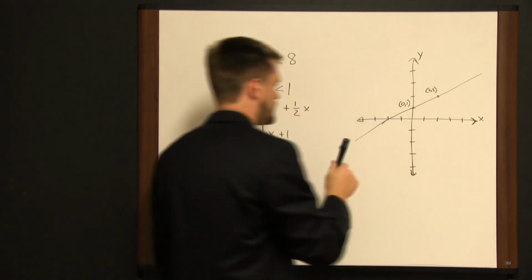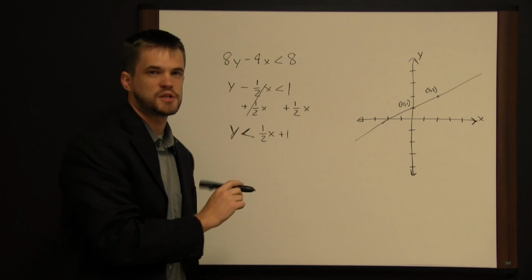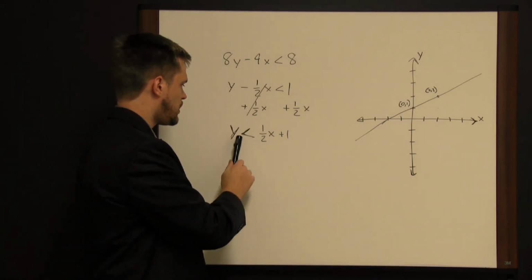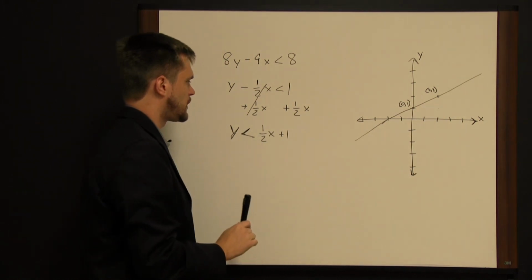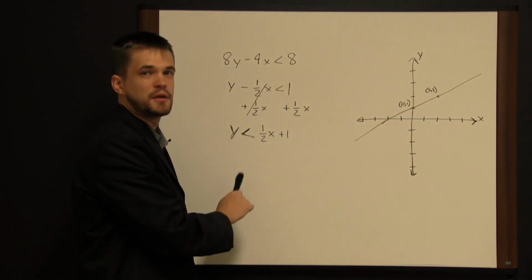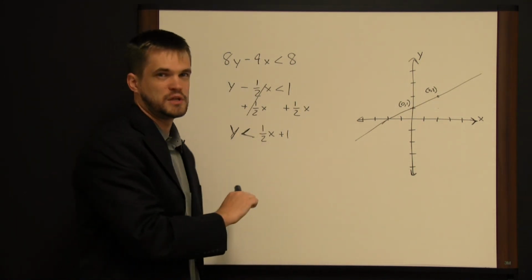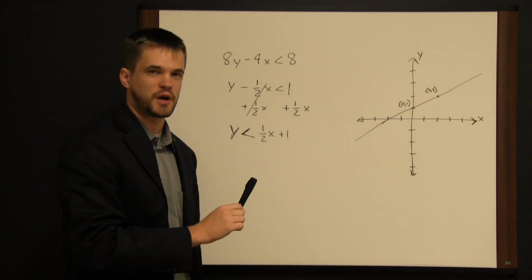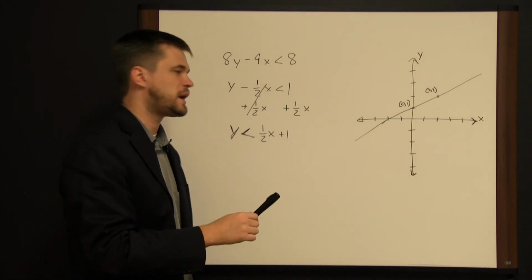This is the line that represents what this would be if it were an equation. But because this is an inequality, y is less than this quantity. To graphically show the solution set for a linear inequality, instead of a line, we have a region, in much the same way that with a single variable inequality, we had a range of values instead of a single value.